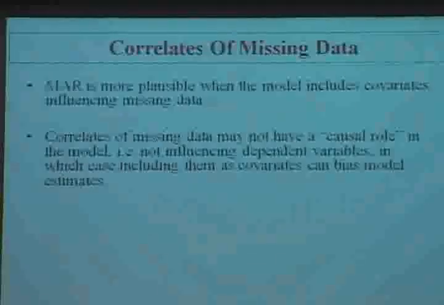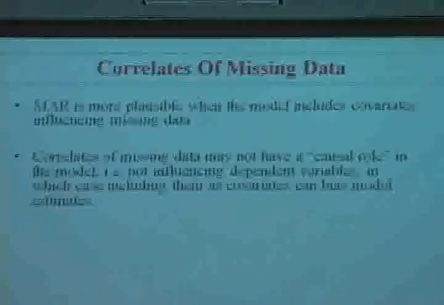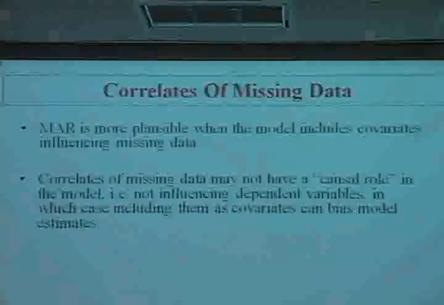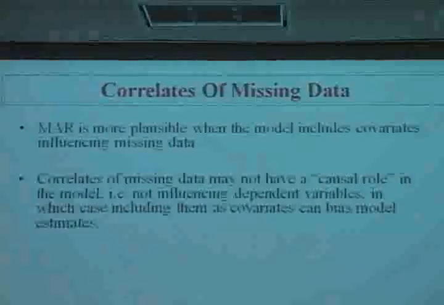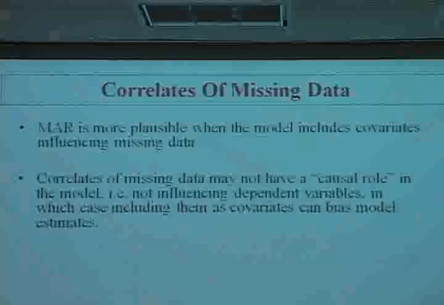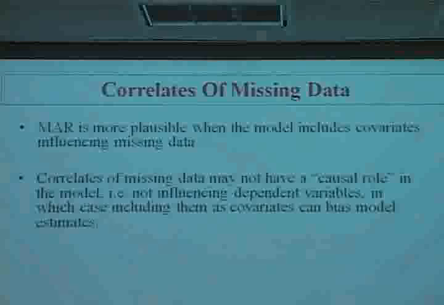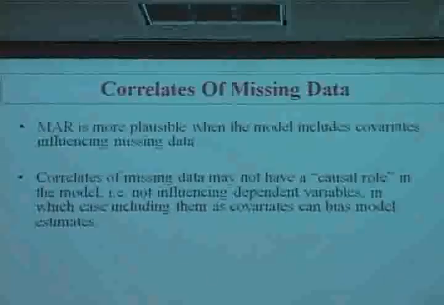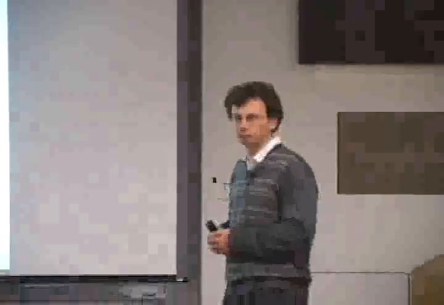So we have these three types. And again, we are basically after the condition of missing at random. One way to make this assumption more plausible is to use all the data you can collect, all the data in your data set, because you don't know whether some of the variables in your data set might be somehow related to the missing observations, and might be helpful in predicting and recovering these missing values.